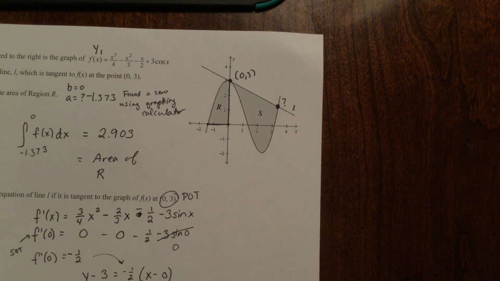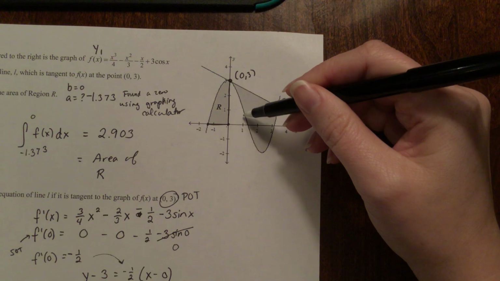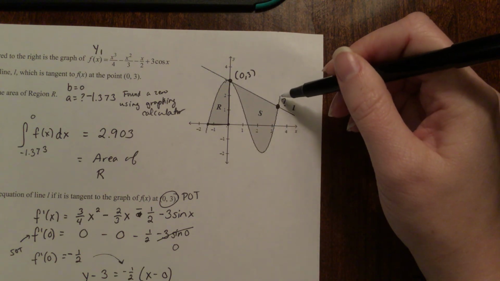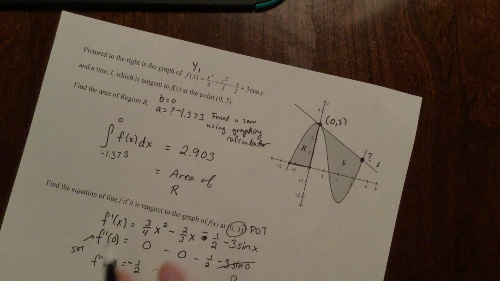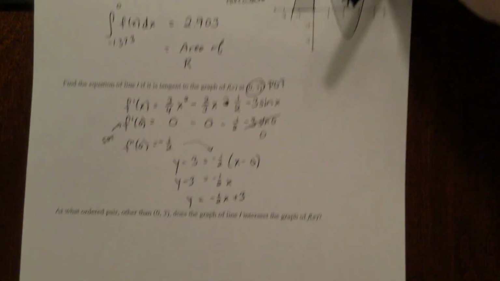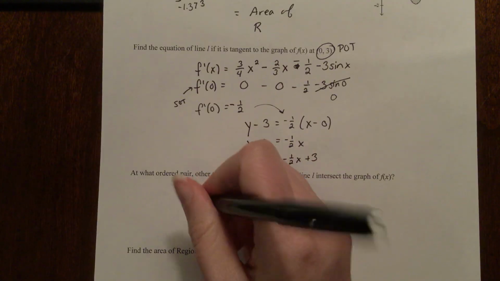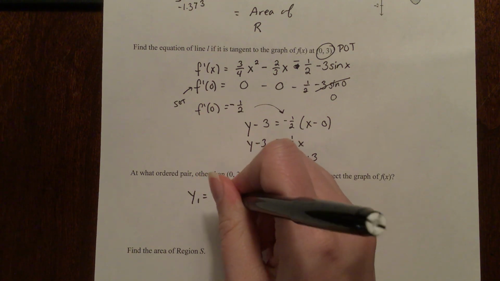Well, now that we know what this line function is, we just have to set it equal to this function right here. Okay. We're going to plug this into our calculator. We've got y1 equals our first function, that f of x.